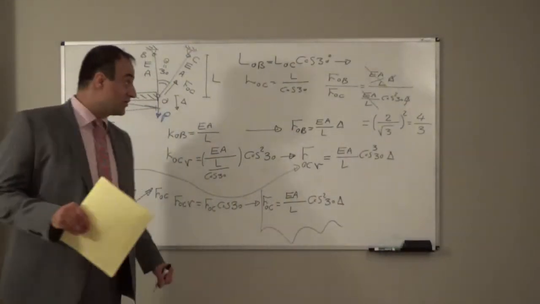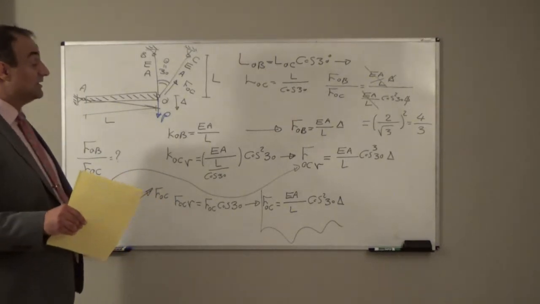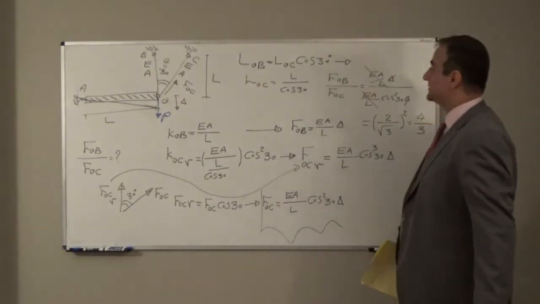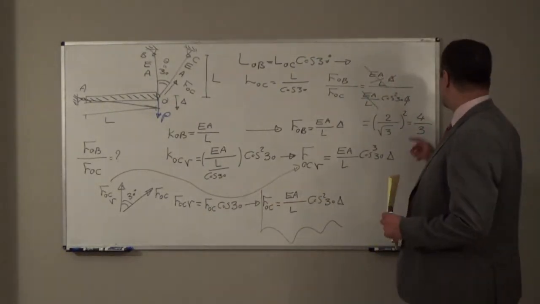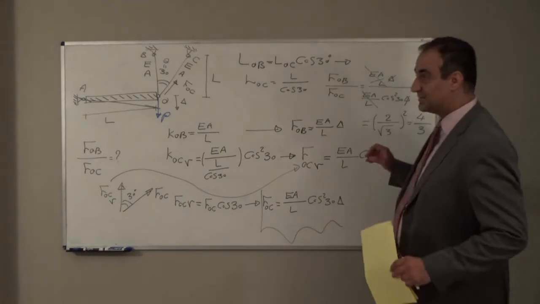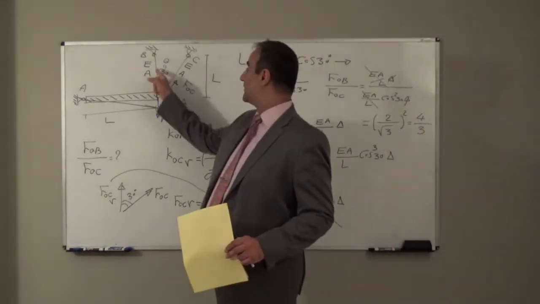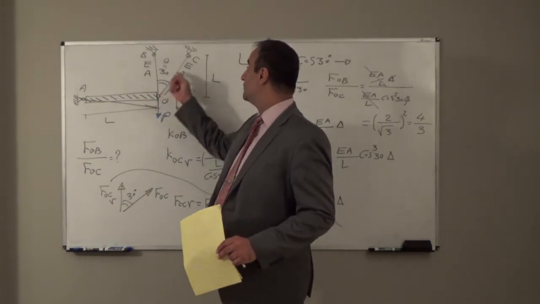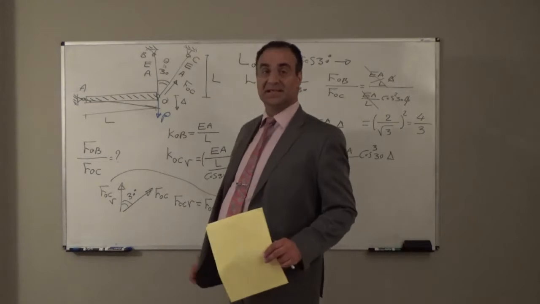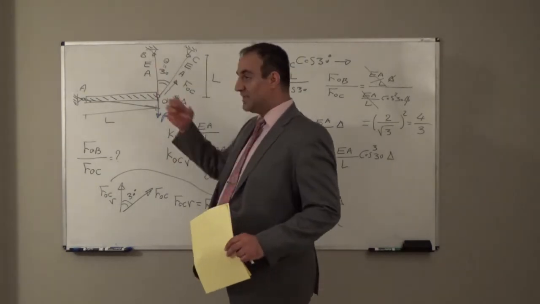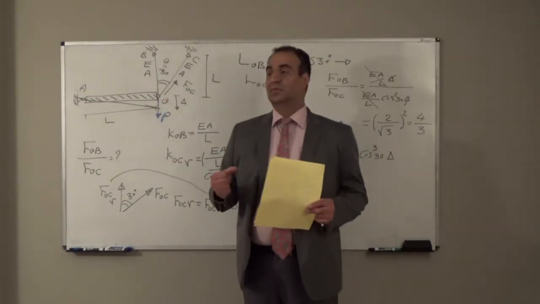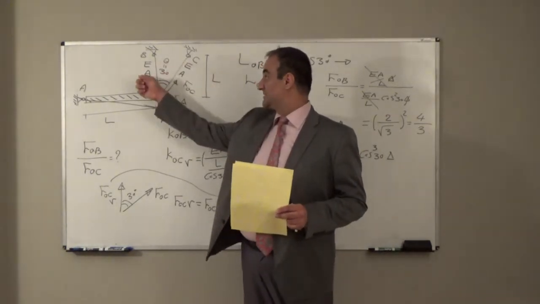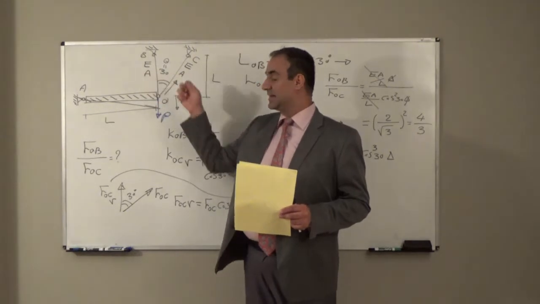So we found the ratio of OB over OC: it will be 4 over 3. It means the contribution of OB will be greater than OC, so the OB member will absorb more force, and its internal force will be greater than OC.